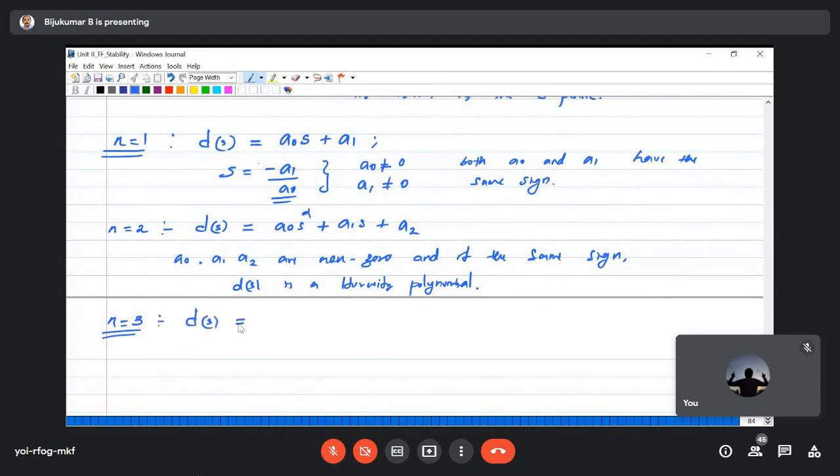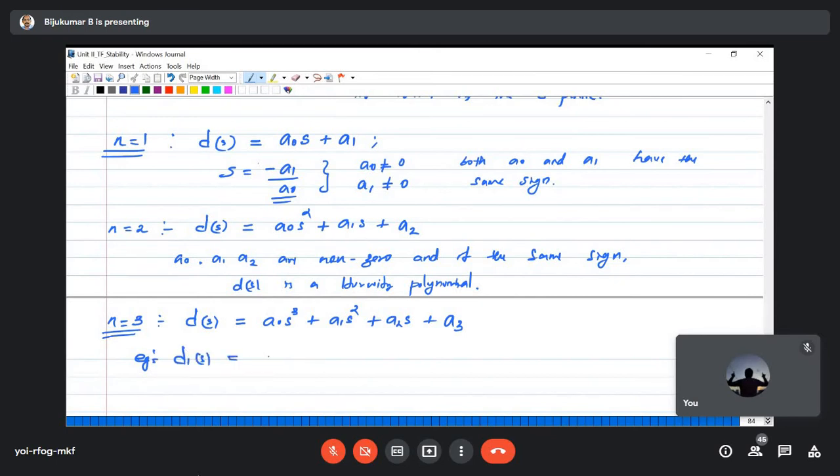So the polynomial becomes a0 s cube plus a1 s square plus a2 s plus a3. Okay, so I will give two third order polynomials. You find the roots and tell me.